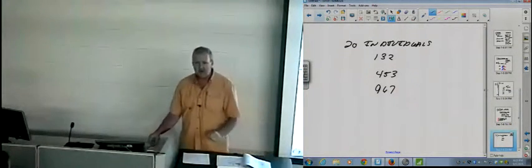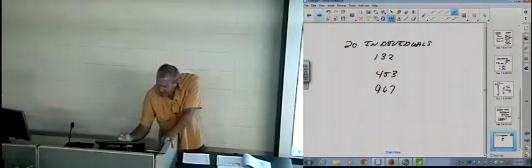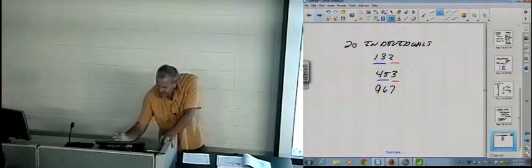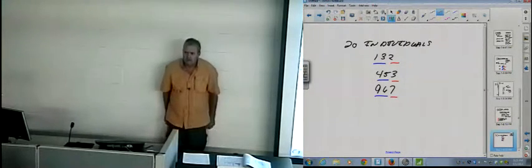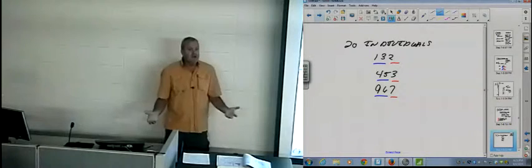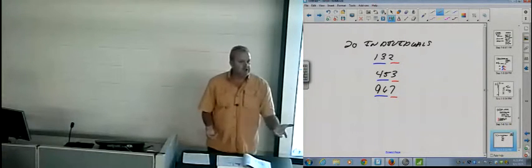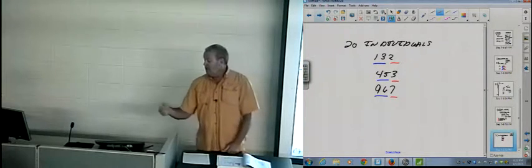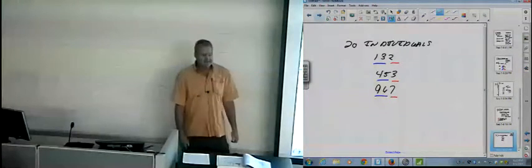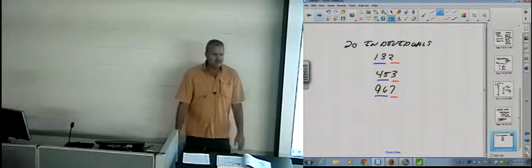What happens when I start making stems and leaves? Stem, leaf. Stem, leaf. When I'm done, I know the smallest stem I'm going to see is 13, because 132 is my smallest piece of data. The largest stem I'm going to have is 96, because 967 was my largest piece of data.